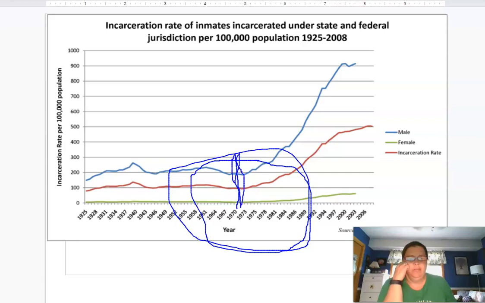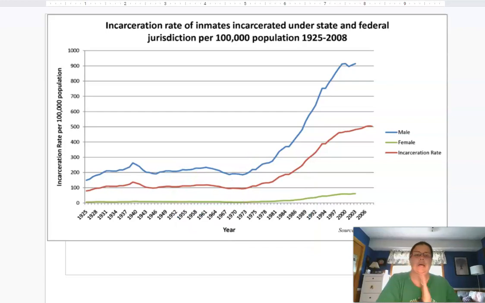I can't draw, just save my life here, but President Nixon came into office, and his idea of crime in the United States was because he truly believed that the problem with our system at the time was that drugs were the root of all evil. And so he started what was called the war on drugs.